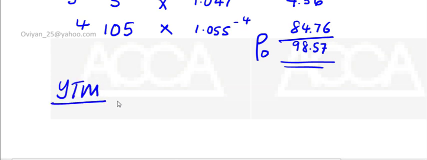Now again, this is going back to example number 2. For yield to maturity, we use IRR, but for this purpose I will explain using the approximation of IRR. You go back and try out the IRR calculations yourself. Yield to maturity is actually one yield rate.